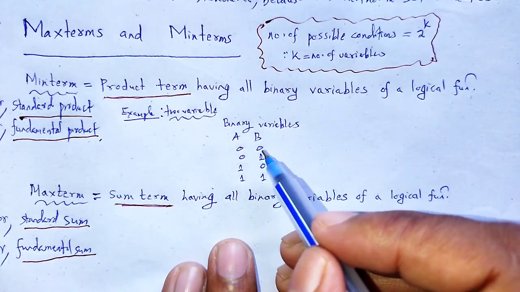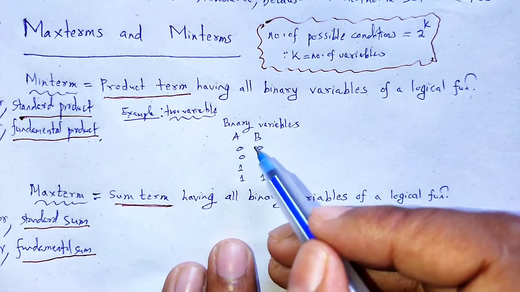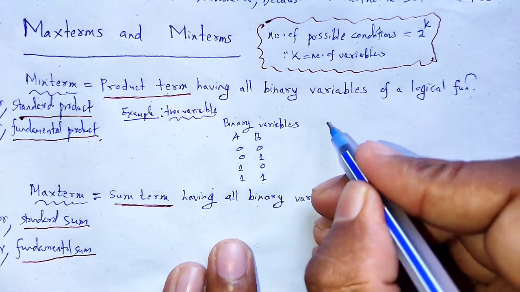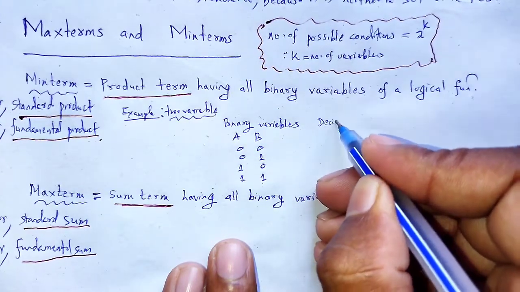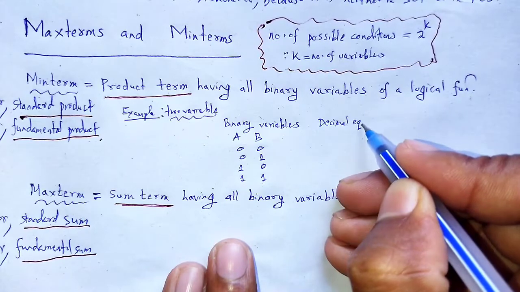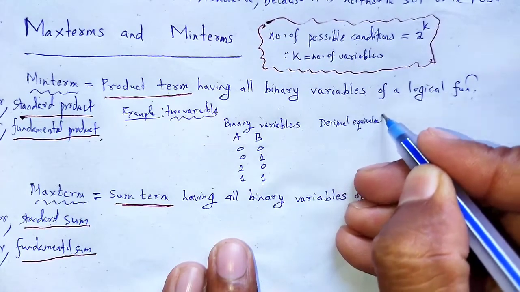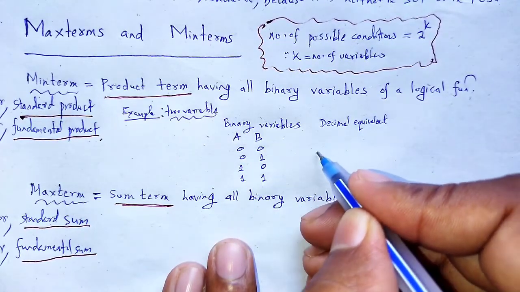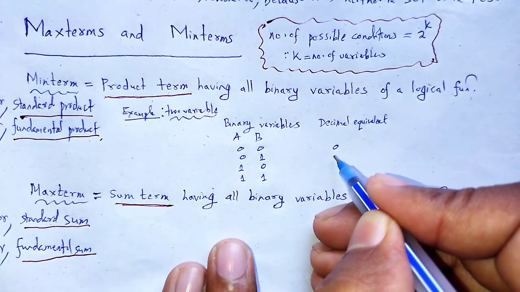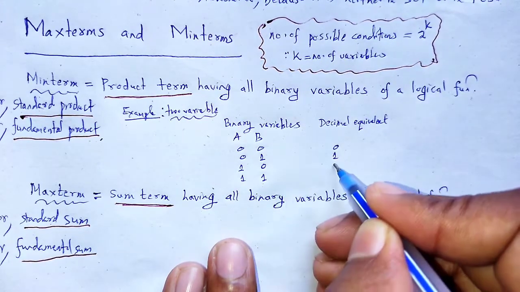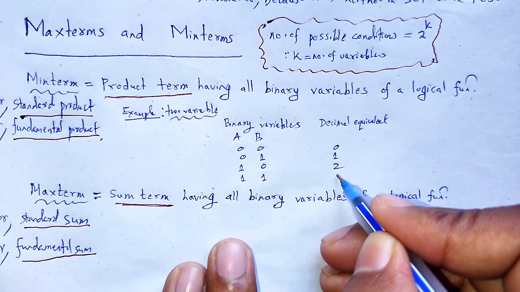The decimal equivalent of 0 0 will be 0, for 0 1 it will be 1, for 1 0 it will be 2, for 1 1 it will be 3.